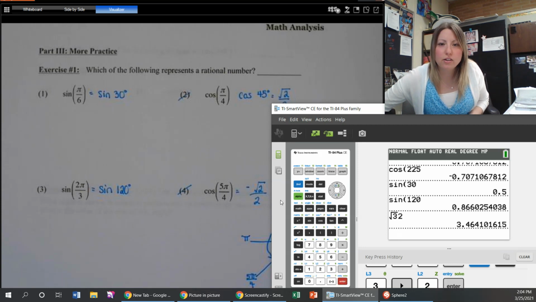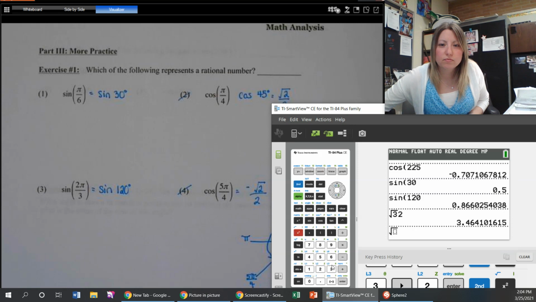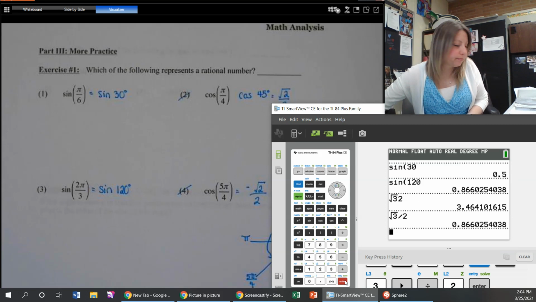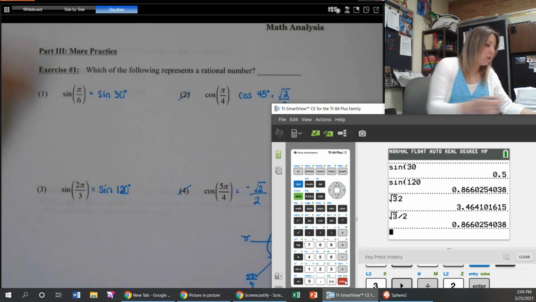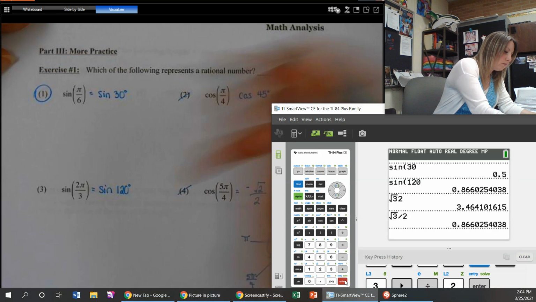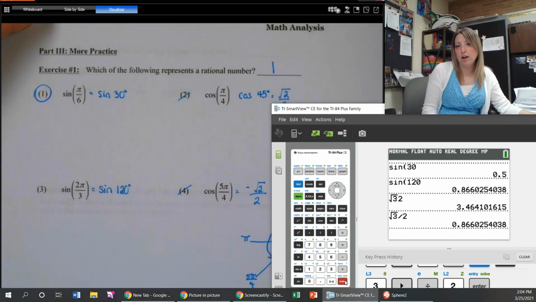I need to try that again, don't I? How about actually pressing the division sign? That'd be helpful. So that's how I know which one is rational. The other 3 are all irrational numbers. One way to do it, right? Okay.